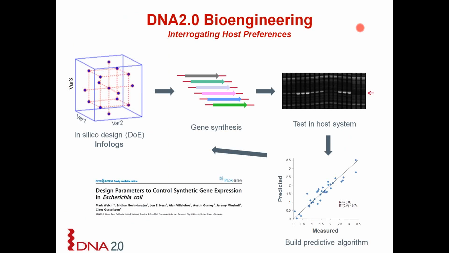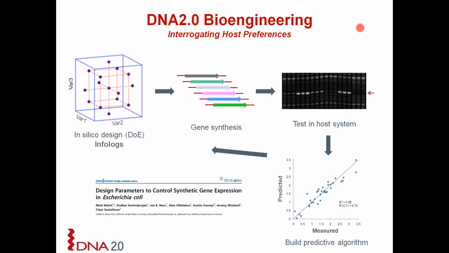We are approaching our vector optimization by experimentally interrogating the system. This is very similar to our approach for codon optimization, which I'm sure many of you are familiar with. Our method is to create a diverse set of vectors and then test their expression in a heterologous host. And then we let the data tell us what's important.